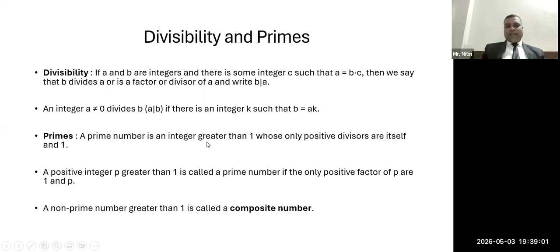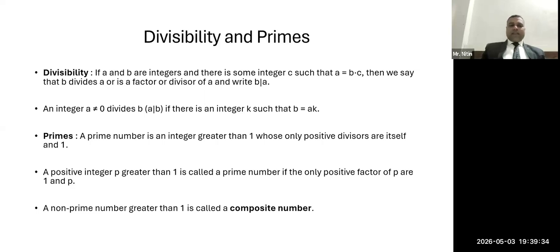A prime number is an integer greater than 1 whose only positive divisors are itself and 1. Yes, it should be greater than 1. Whenever we define a prime, that particular number is a prime number when its divisors are only that number itself and 1.